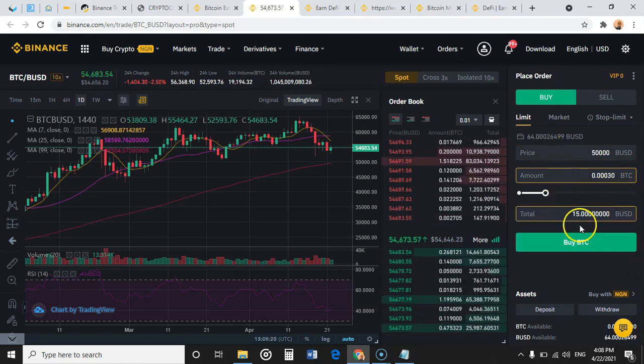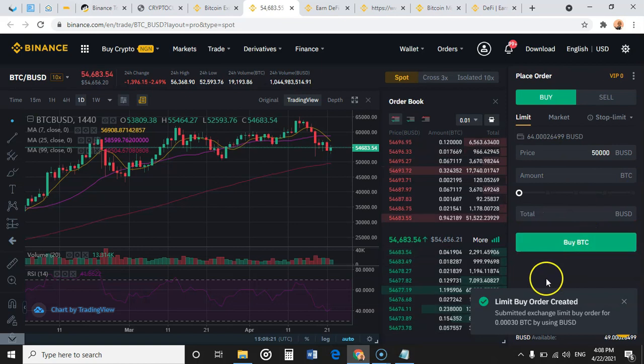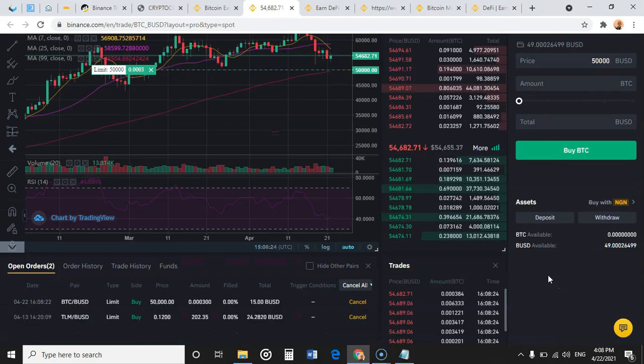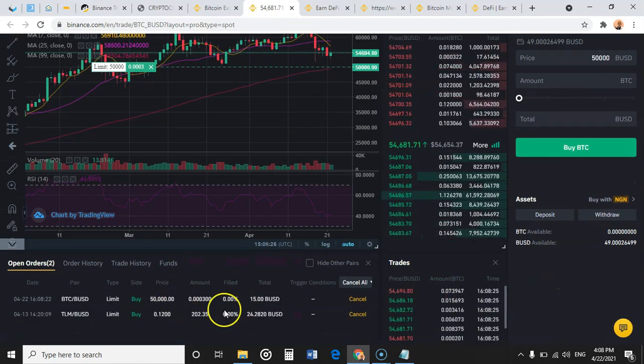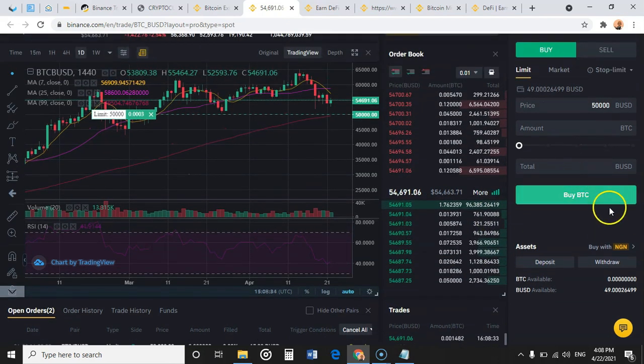The moment I click on buy BTC, it is going to set an order. You can see the buy order here. At the same time, you can decide to cancel the order. The moment I set a buy order, the money is deducted from the actual balance that you are seeing here.